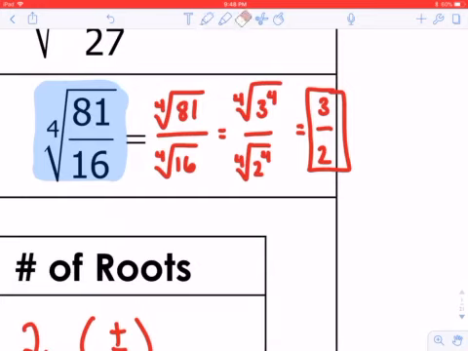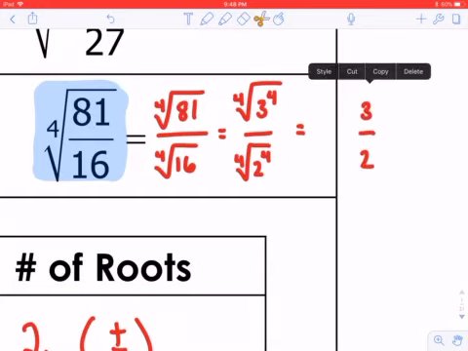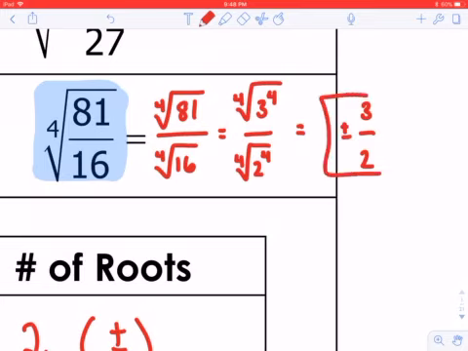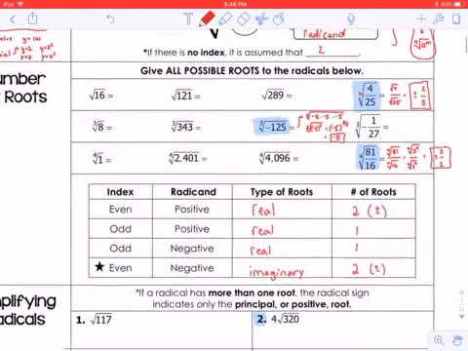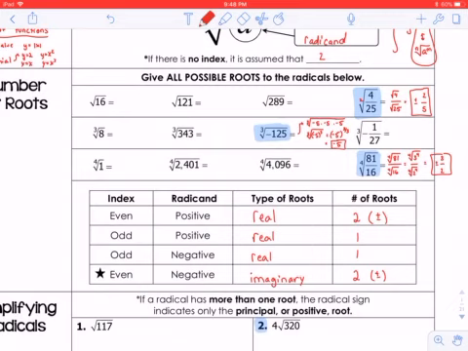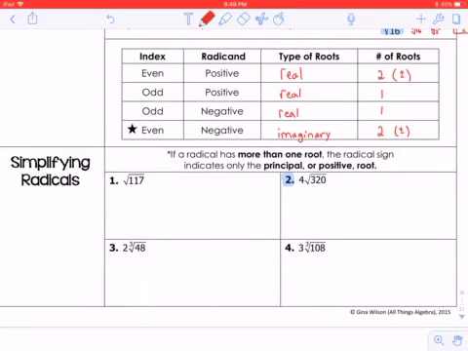Down here, however, if you think of 3 and 2 separately, if I multiply a negative 3 four times, I'm going to get a positive. If I multiply negative 2 four times, I'm going to get a positive. So this is plus or minus as well. So I have plus or minus 3 halves. The only reason I wasn't writing it before is that if I'm giving you a radical and just saying simplify the radical, I'm not saying anything special.